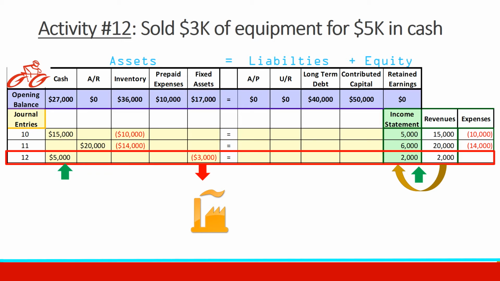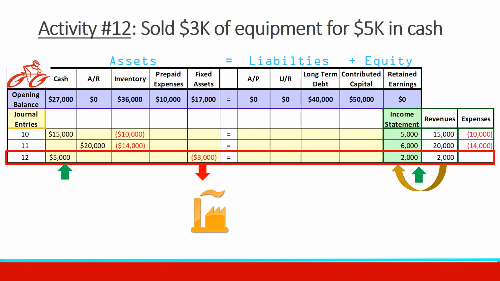So that $2,000 we're going to state and show in the revenue section, but it's a different kind of revenue. It is a gain on the sale of equipment. And so one of the things you should note, when we sell equipment, we're going to put the net difference between the cash received and the equipment onto the income statement.